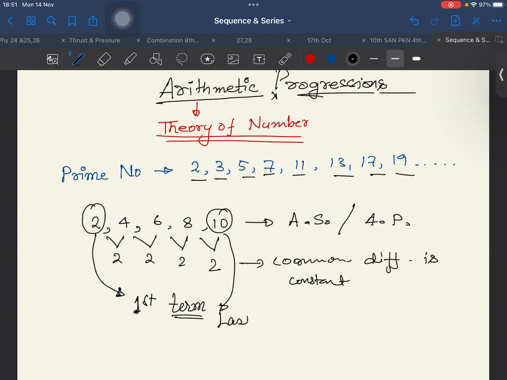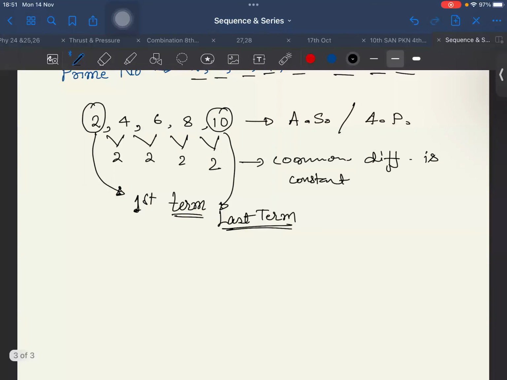These are the definitions you are aware of, isn't it? First term, last term, common difference. First term is also T1. So here T1 is 2, second term T2 is 4, third term T3 is 6, fourth term 8, and the fifth term is 10. So there are a total of 5 terms here, right?